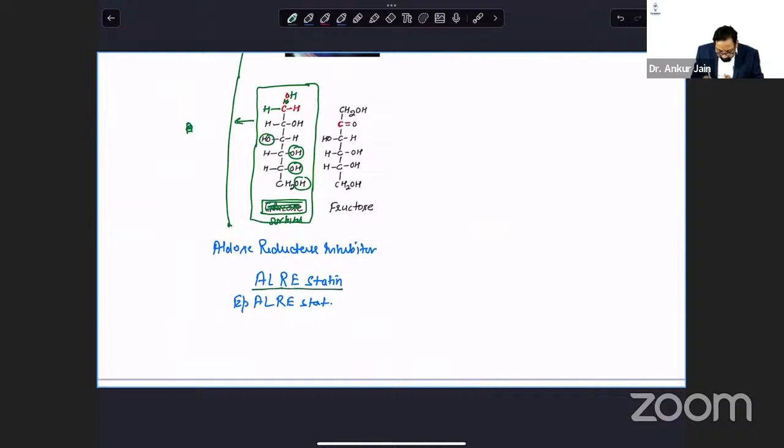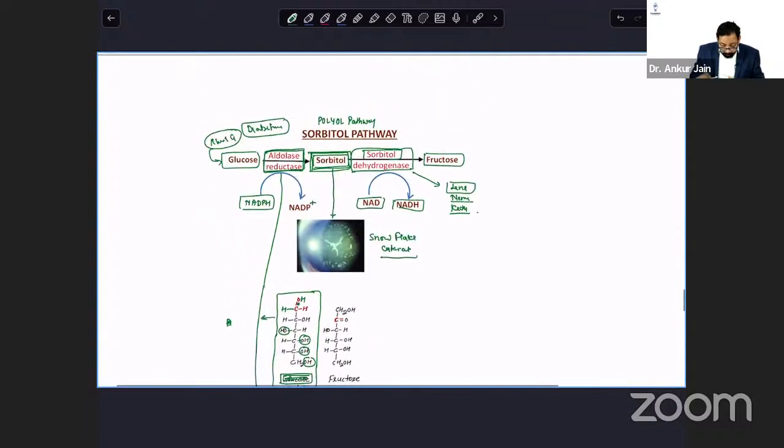The name itself tells you. Aldose, RE for reductase, statin. It makes aldose reductase static. Also epalrestat. So again ALRE, aldose reductase inhibitor. So this is about the sorbitol pathway.